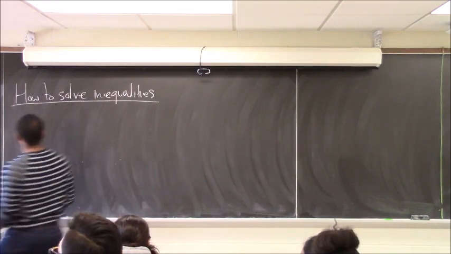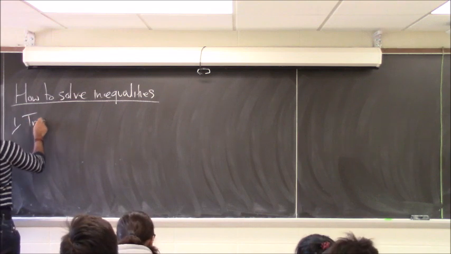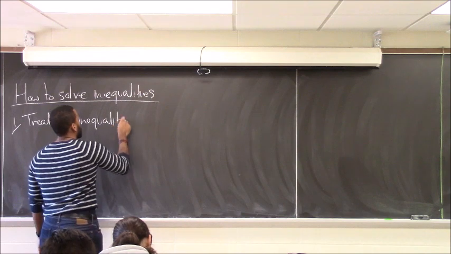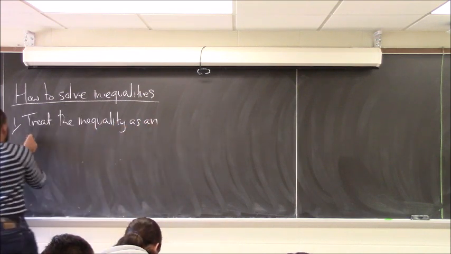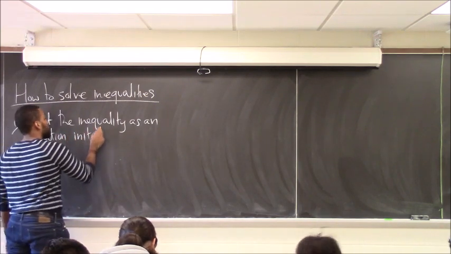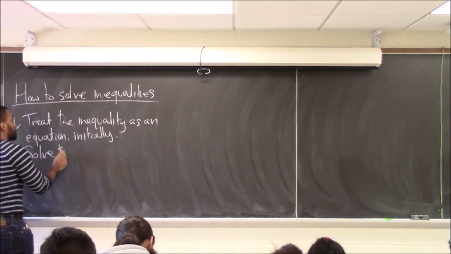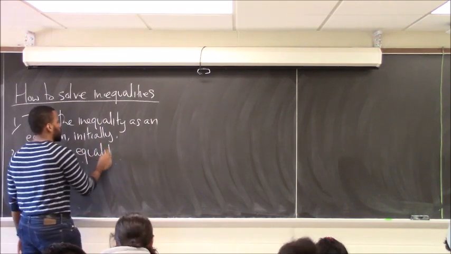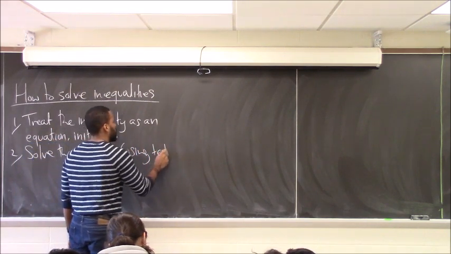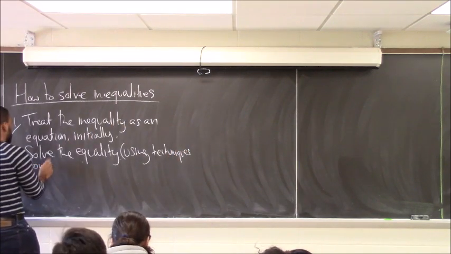You can sometimes treat the inequality like an equal sign. Yes, treat the inequality as an equal sign, only initially. Step 2, you're going to solve the equality using techniques from the last section.